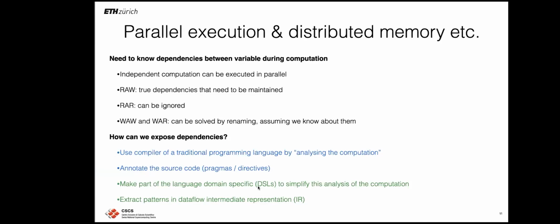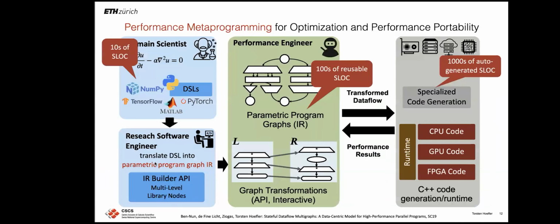Or you can extract patterns in data flow intermediate representation and have some performance engineer work on that. And so what I'm trying to propose now at the very end is that these two that are in green here should be considered together. And my colleague Thorsten Höfler has put this slide together. And I wish I could show the builds, but then I cannot move back anymore.